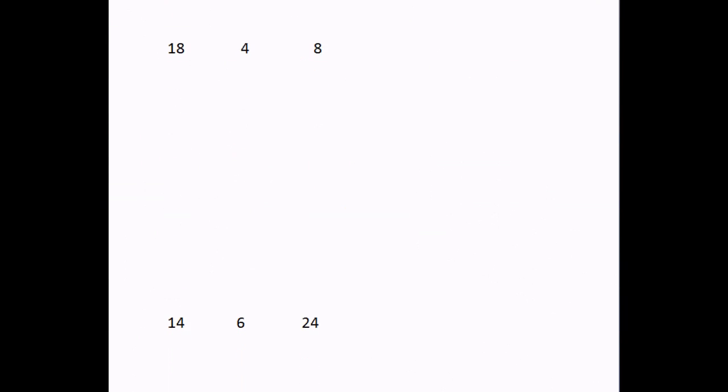Let's try another one. Find the LCM of these 3 numbers. So you can do more than one. Here's 3. Prime factor 18. 2 times 9. 2 is prime. 9 is not prime. Got to branch that out. 3 times 3. So 18, if I prime factor it, is 2 times 3 times 3.